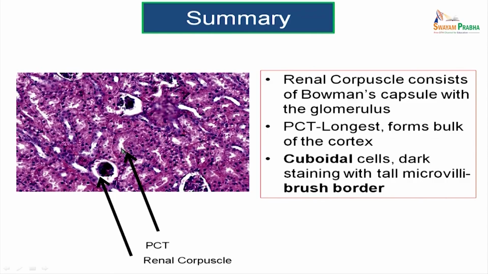Then we have talked about the proximal convoluted tubule in detail, and please understand that there are more sections of PCT as compared to DCT in the cortex because PCT is longest and forms the bulk of the cortex. They are darker staining with tall microvilli forming the brush border. So, the lumen is not clearly defined in a PCT.